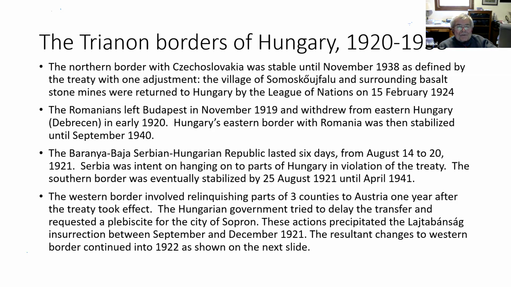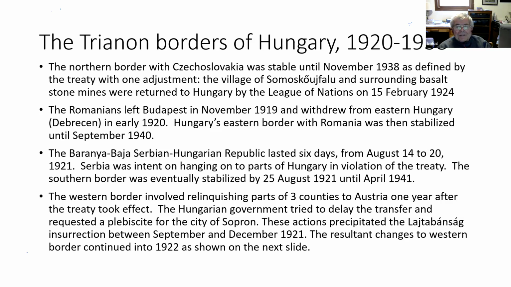The Hungarian government tried to delay the transfer and requested a plebiscite for Sopron, which was the largest city in the area. And these actions precipitated the Lajtabánság insurrection between September and December of 1921.